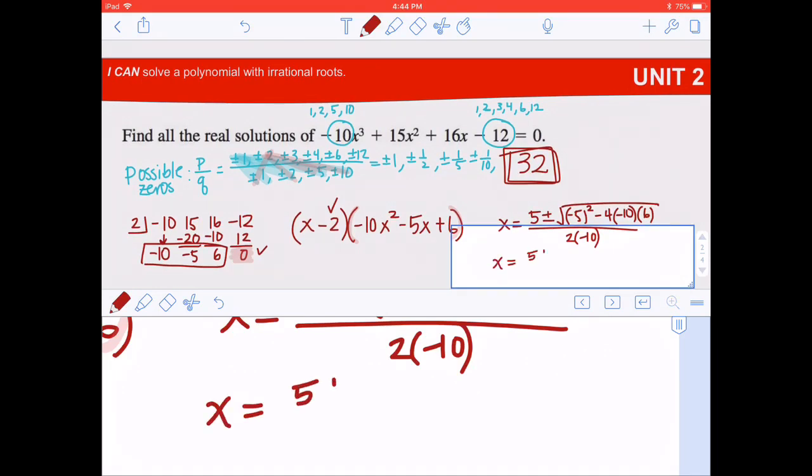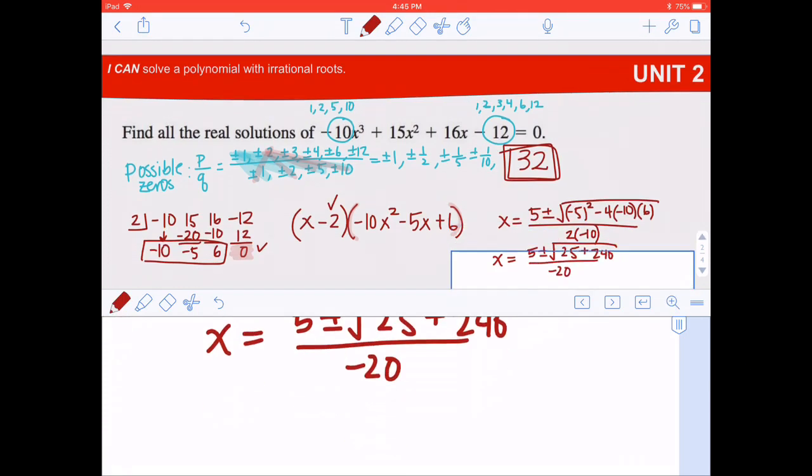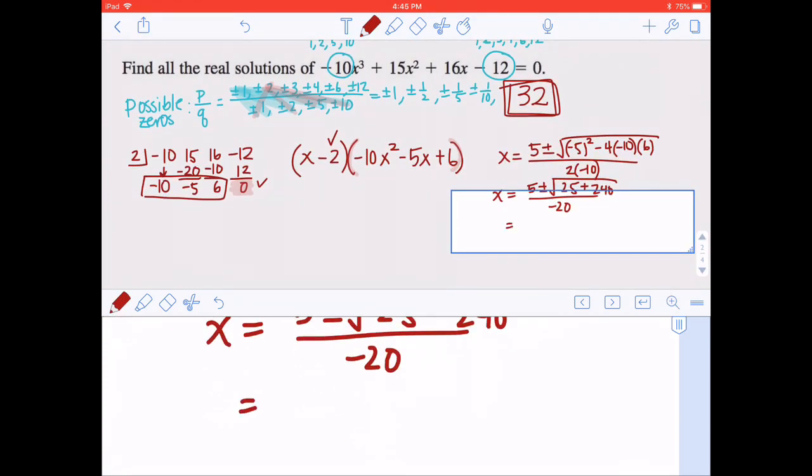We have 5 plus or minus the square root of 25 plus 240, over negative 20. So that becomes 5 plus or minus root 265 over negative 20.